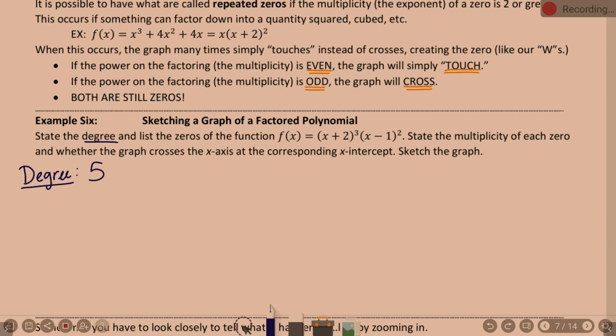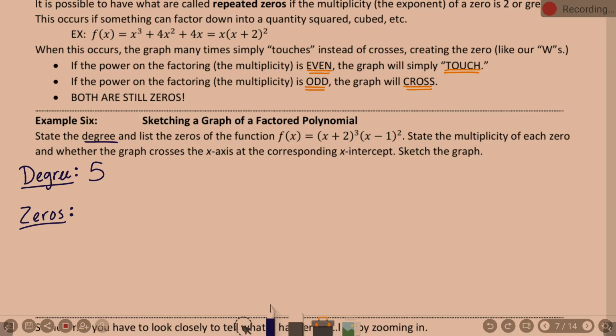Okay? Now, it asks us to state the zeros. What zeros do we have? -2 and 1. Because where do my zeros come from? The +2 and the -1. It's setting each of these factors equal to 0, yes?